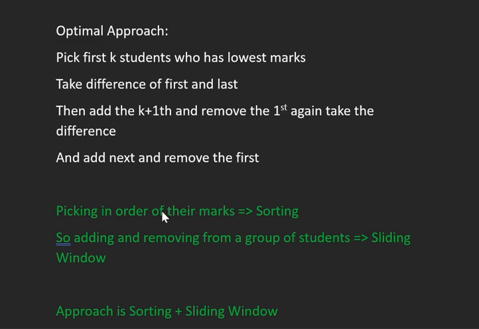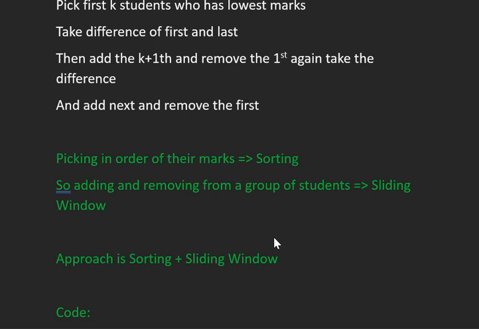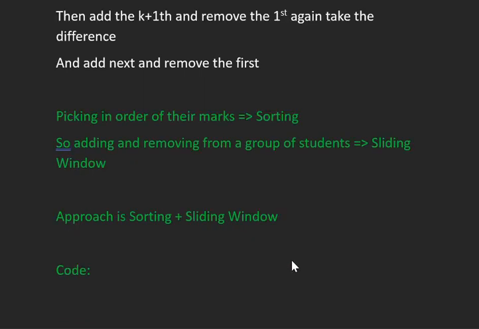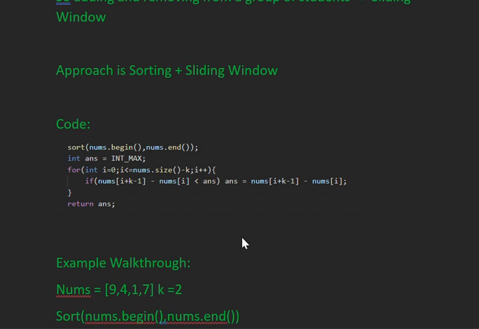Picking in order of their marks means we have to sort the students according to their marks, and adding and removing from a group of students, so it is a sliding window. So if you see, our approach is sorting plus sliding window. Now if you see the code, first of all we'll sort the array, and then we use an answer variable to store the minimum difference, and then we move to each student using a loop.